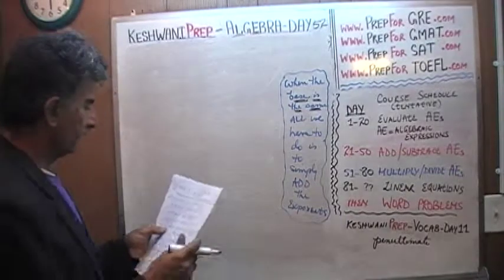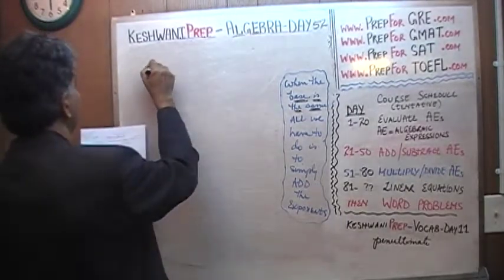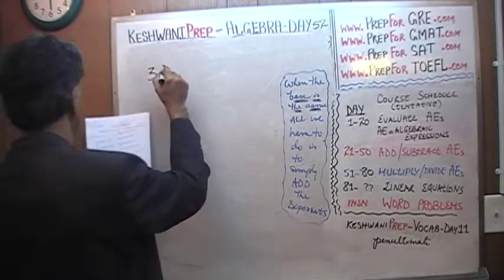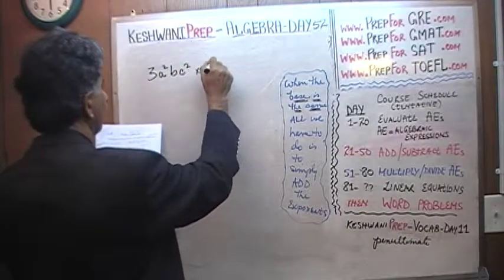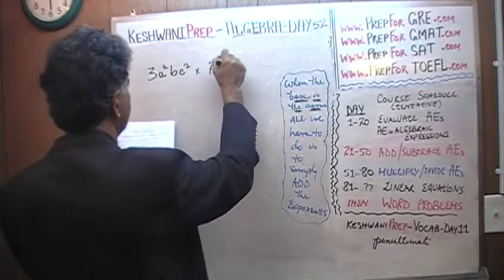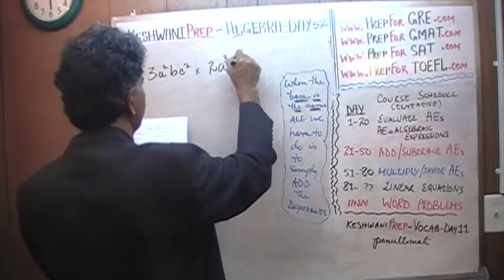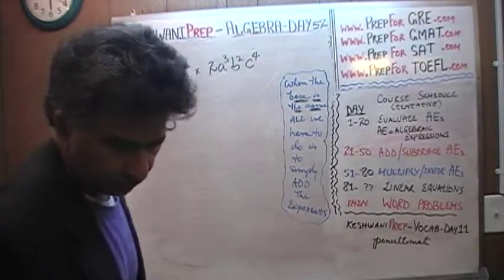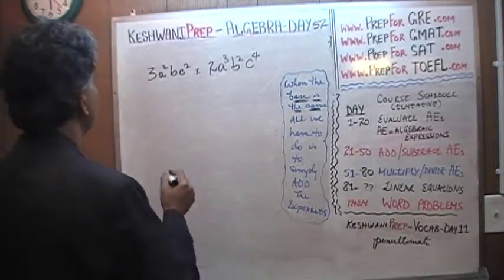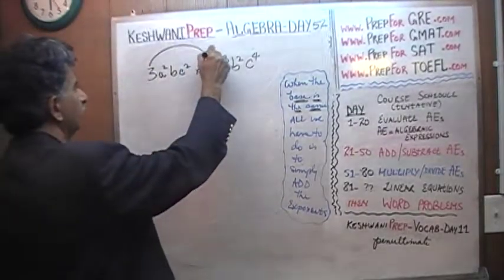Here's the first problem for today. 3a squared b c squared times 2 a cubed b squared c to the fourth. Well, what do we do? Well, 3 times 2 is 6.